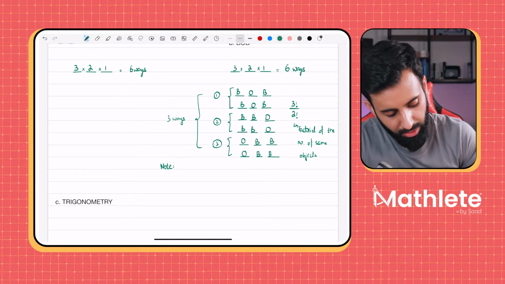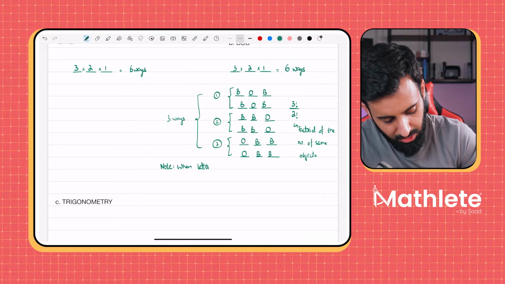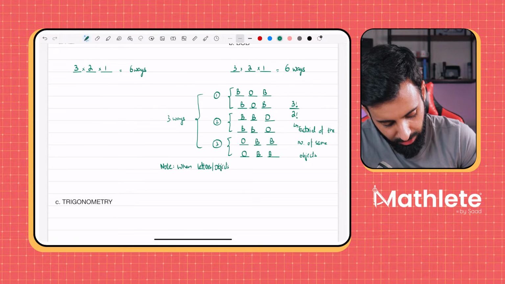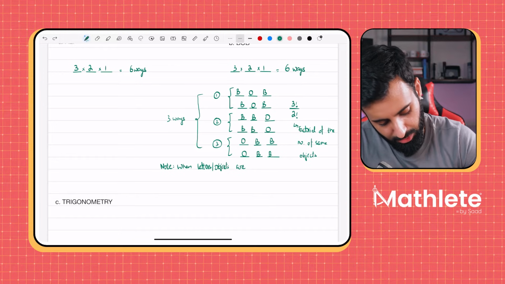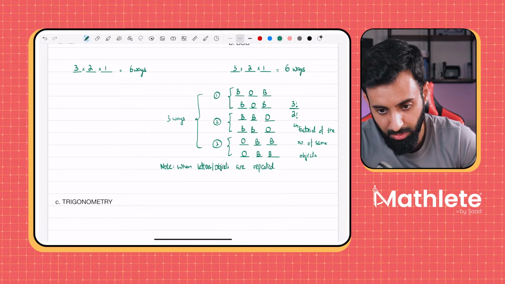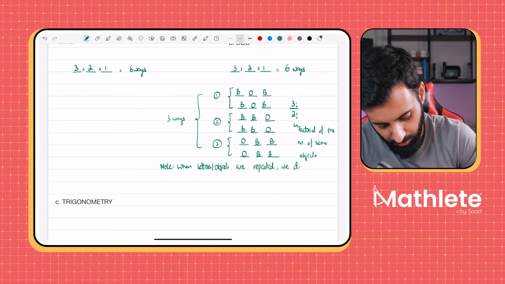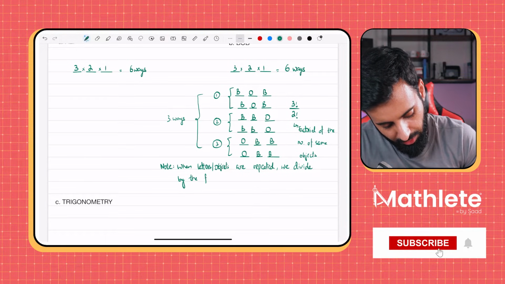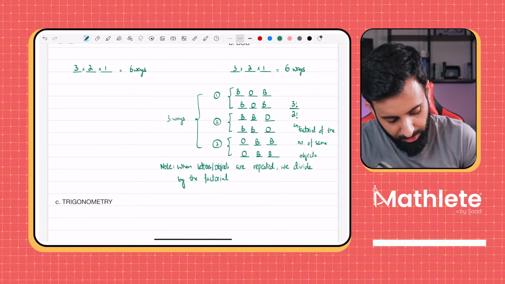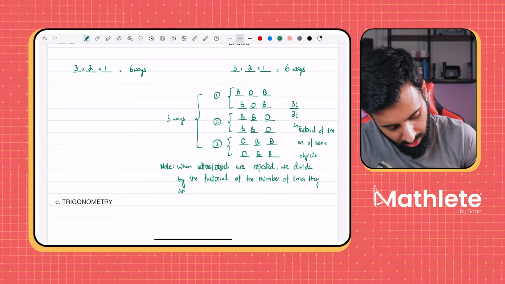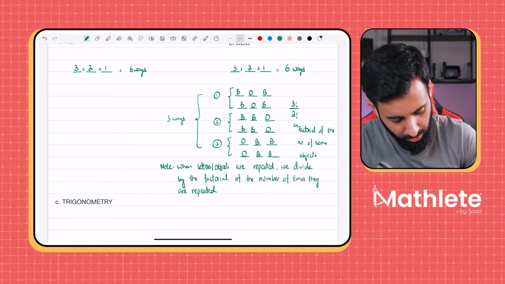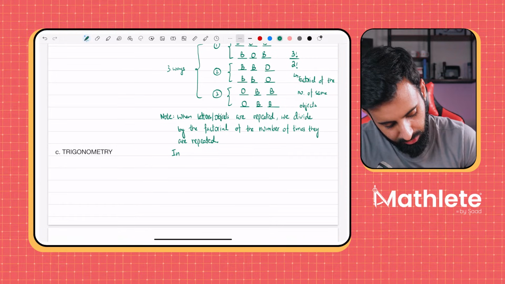The note is that when letters or objects are repeated, we divide by the factorial of the number of times they are repeated.